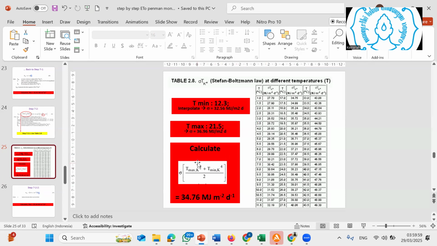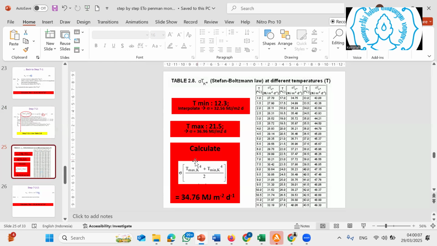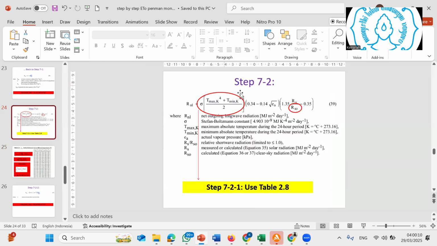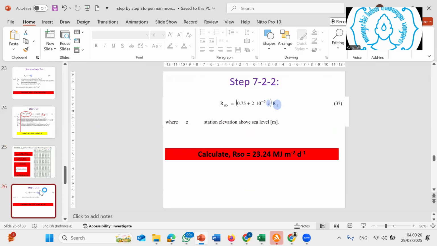So we got the Rnl, and this conversion factor here is 34.67. And then next step is calculating the Z. Z was given in the information, and then the Ra was also given.